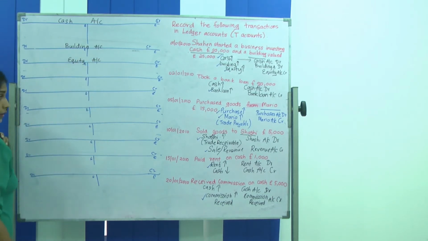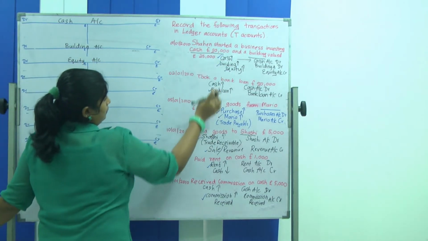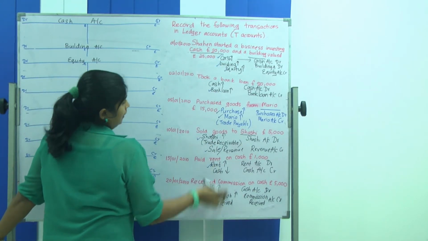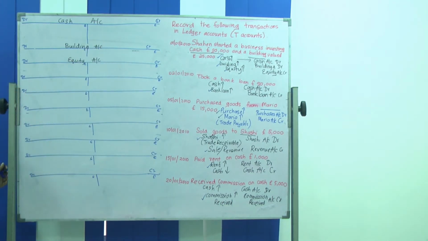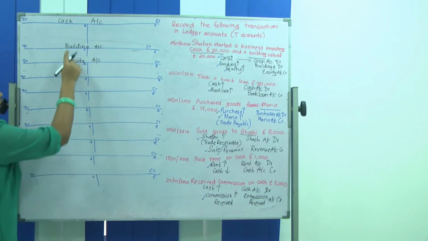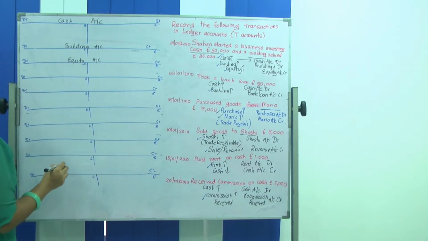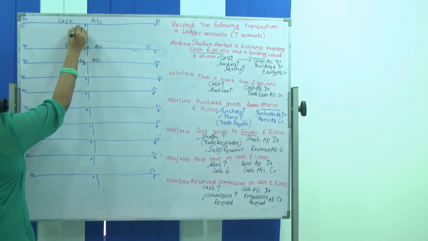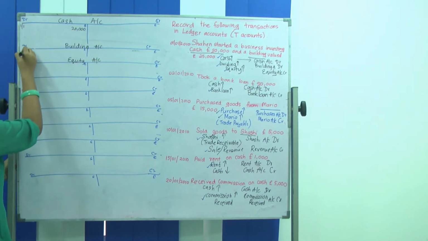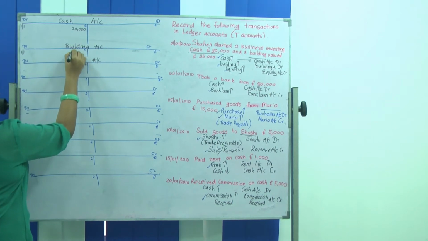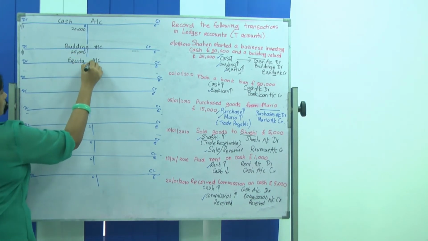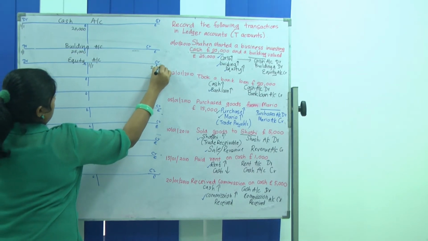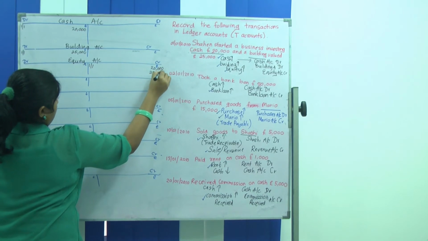Now I have told you in the assignments, if cash is there, all the cash transactions can be recorded in one cash account. I will teach you how to record that. Now when you invest cash, it will be debited. So on 1st of January, cash will be debited 20,000 and building, 1st of January, will be debited 25,000, and both amounts will be credited, 20,000 and 25,000.